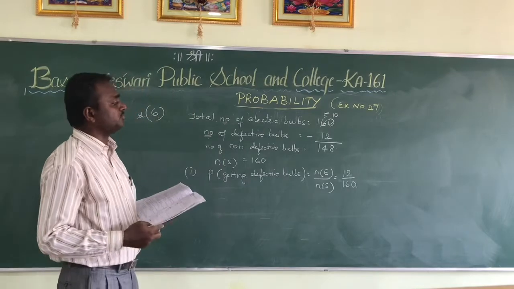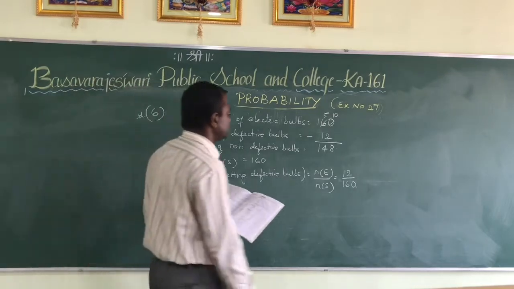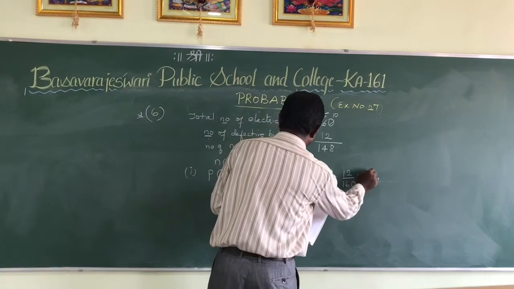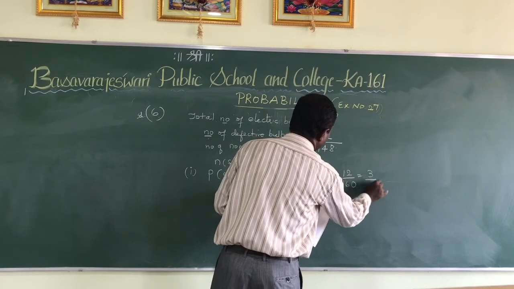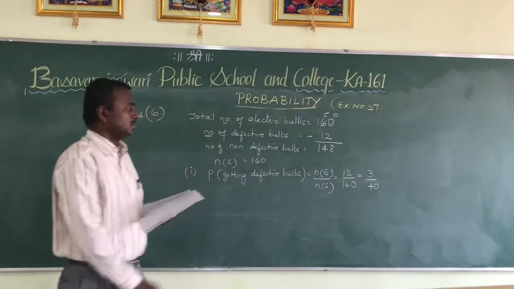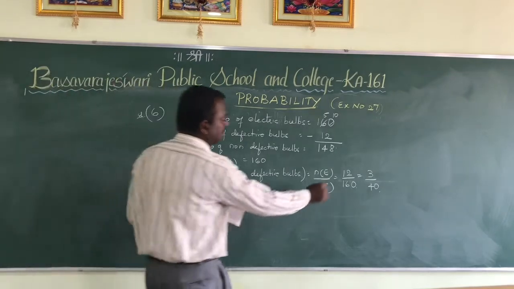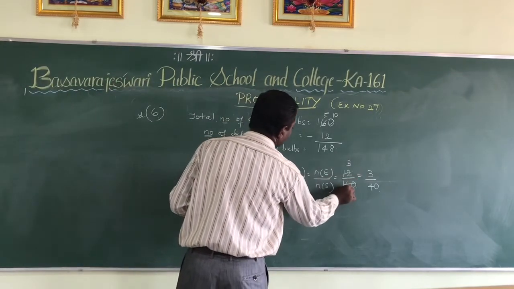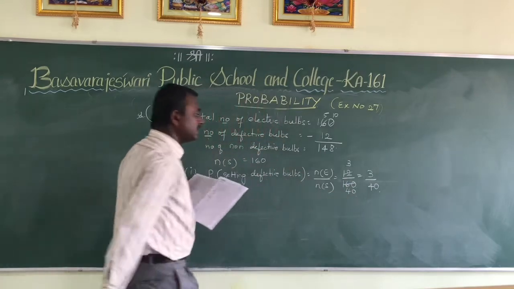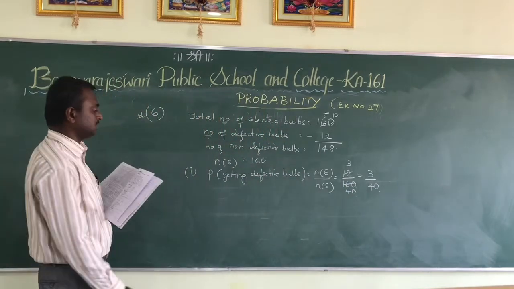So if you simplify this, how much will you get as the answer? You will get 3 by 40. 4 3s are 12, 4 40s are 160. So 3 by 40. This is the first question.